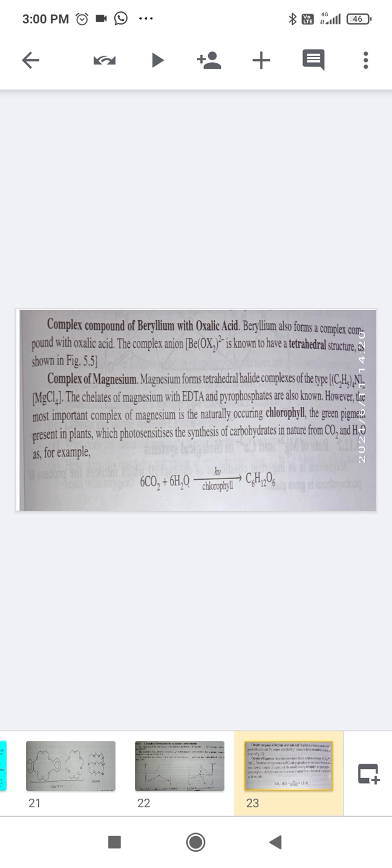However, the most important complex of magnesium is the naturally occurring chlorophyll, the green pigment present in plants which carries out the synthesis of carbohydrates in nature from carbon dioxide and water. So the chlorophyll pigment present in green plants is also a complex where the metal ion present is magnesium.